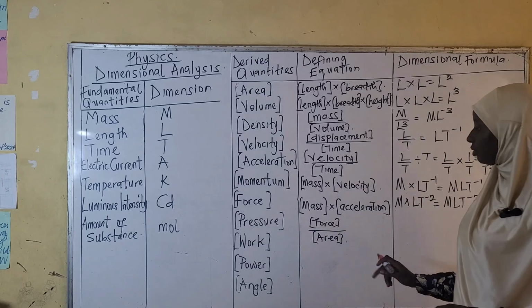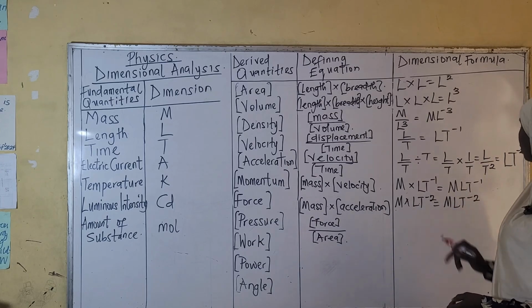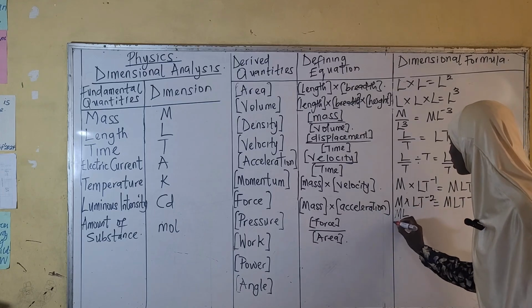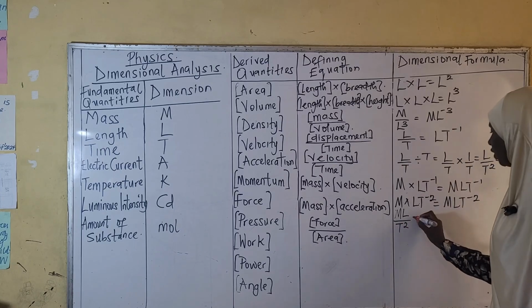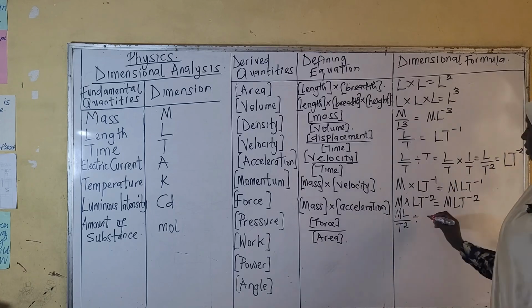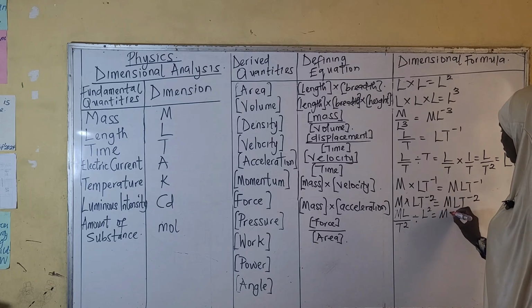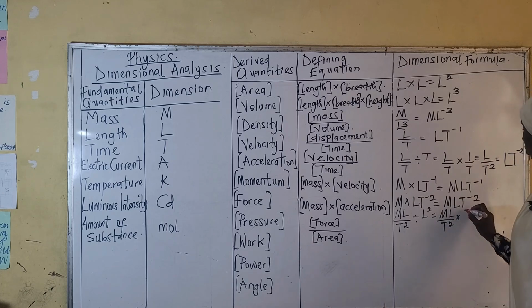So for pressure, pressure is force over area. So what is our force from here? I know that my force is MLT minus 2. So I can write it as ML over T squared divided by area. Area here is L squared. So I can say ML over T squared times 1 over L squared.